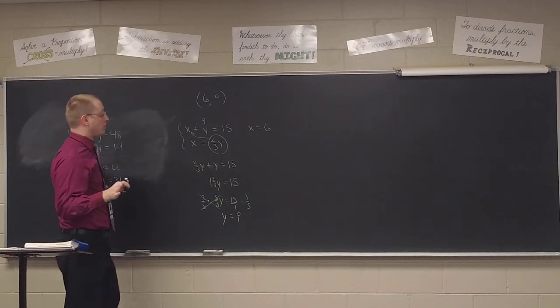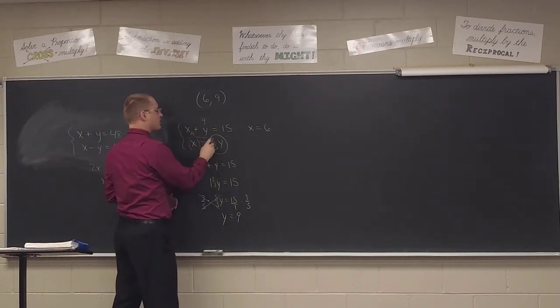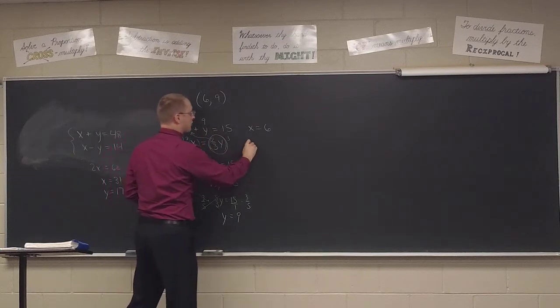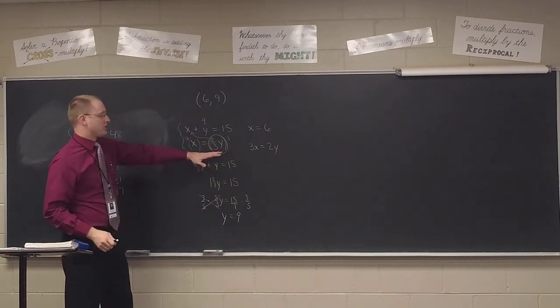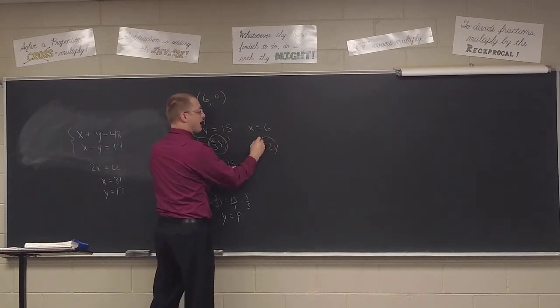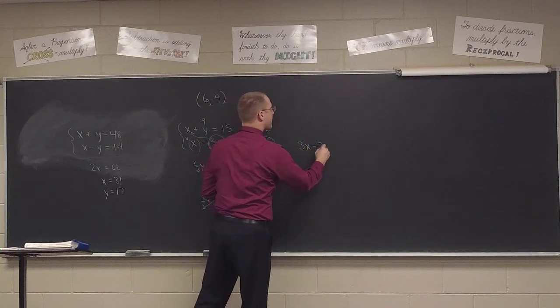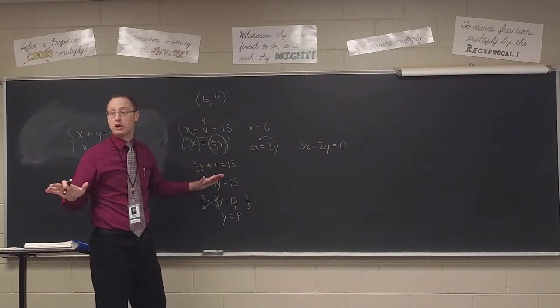Another way we could have solved this is to knock out the fraction right from the get-go. To multiply both sides by a 3 to get 3x is equal to 2y. Now the problem there is it doesn't lend itself to a substitution. But what we could do then is to bring the 2y over and get 3x minus 2y equals 0. The upside of this is I don't have to worry about fractions.